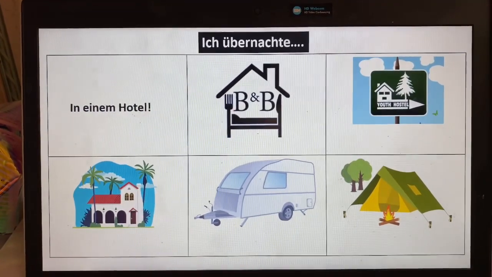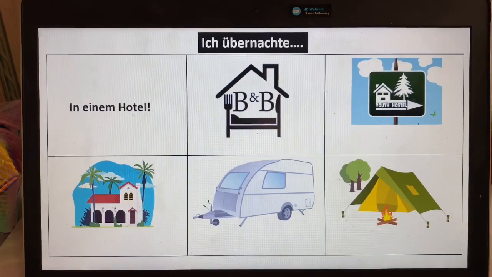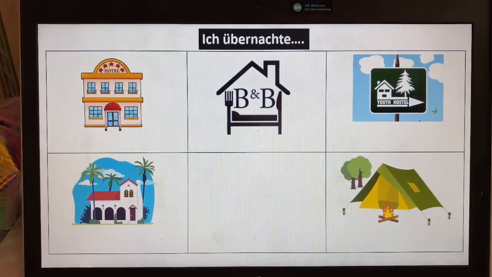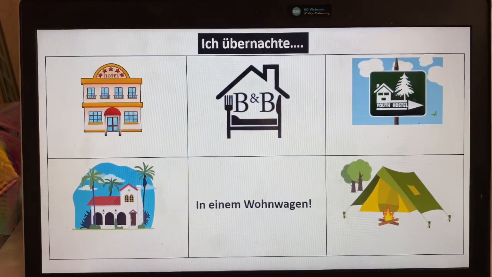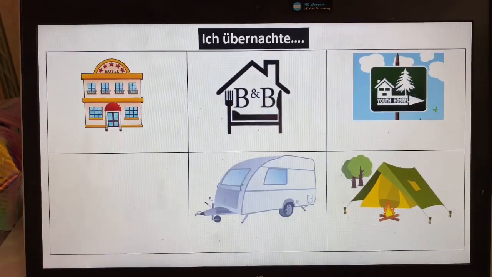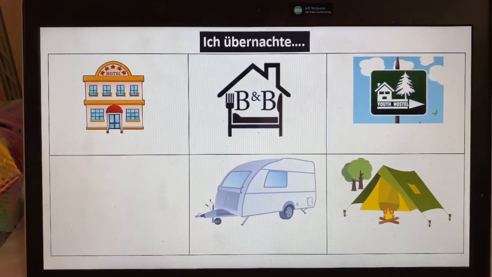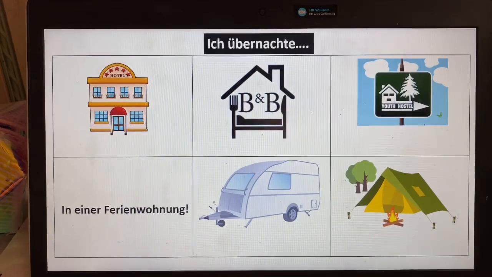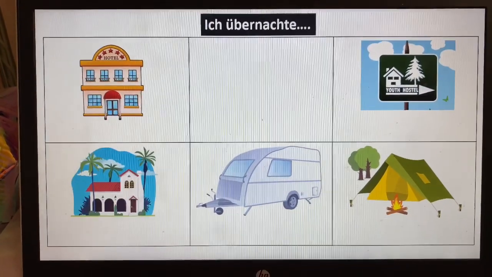In einem Hotel. 1, 2, 3. In einem Wohnwagen. 1, 2, 3. In einer Ferienwohnung. 1, 2, 3.